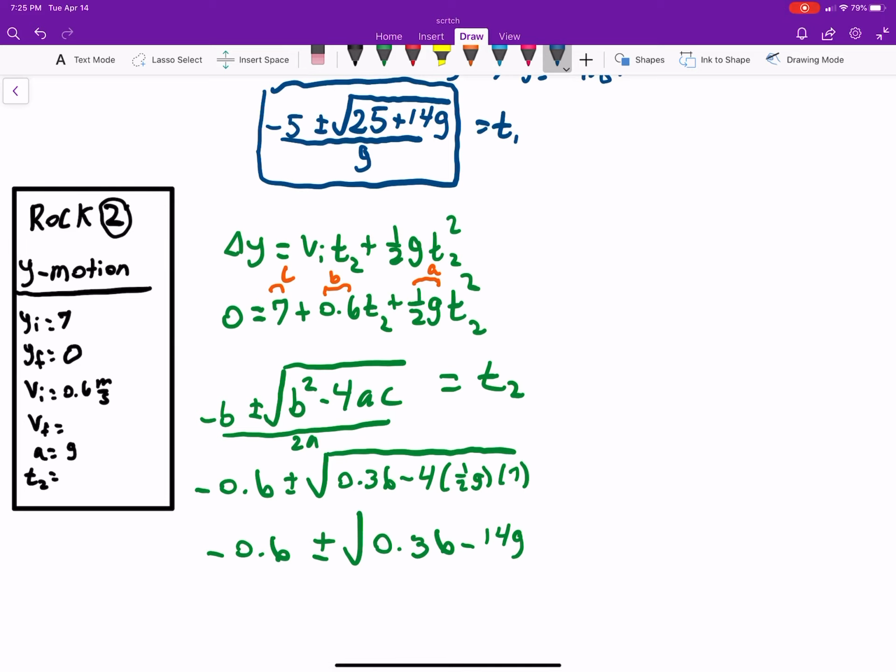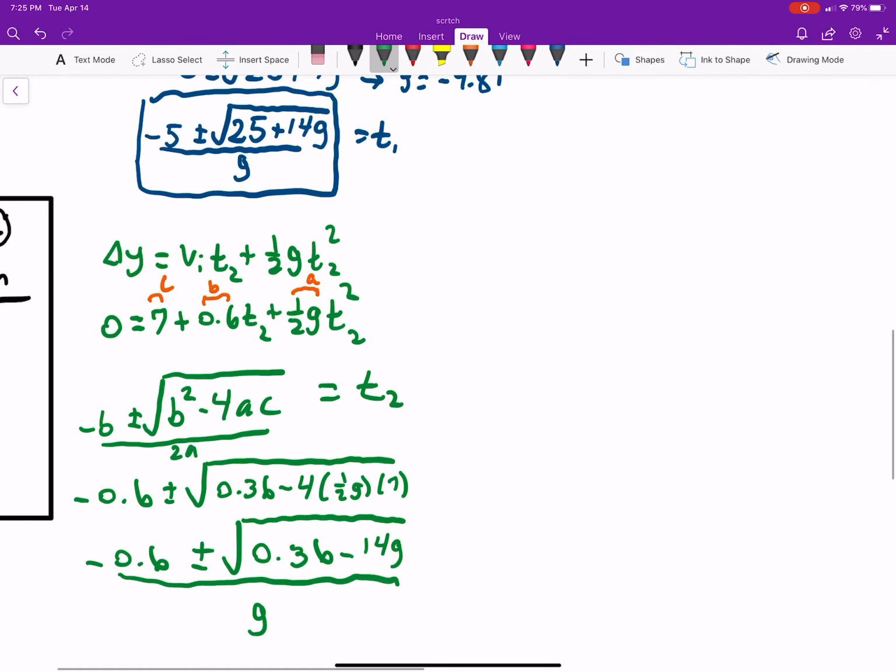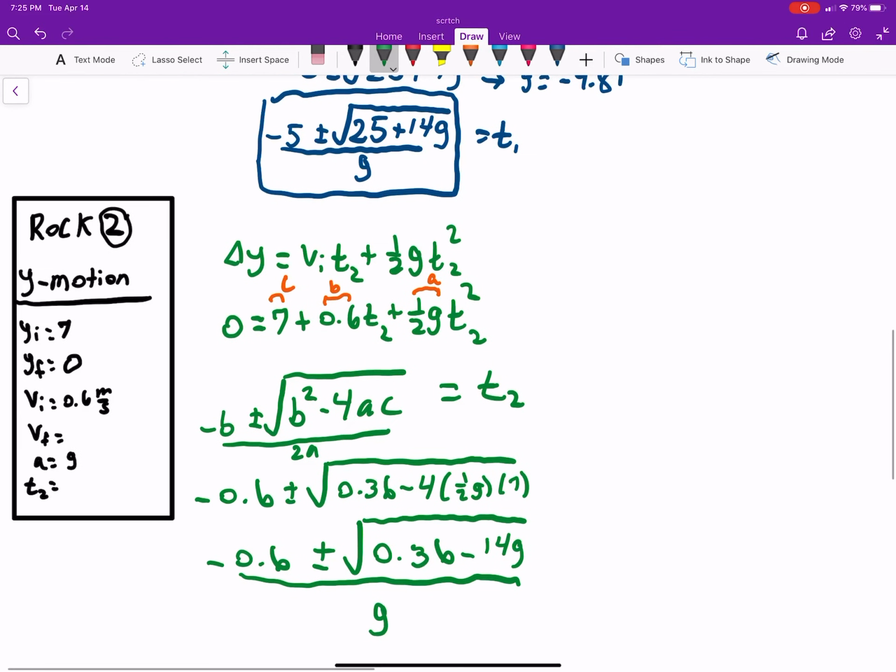Sorry about that. All divided by 2 times 1/2 g. 2 times 1/2 is just 1, and you're left with just g. Again, you know what g is, so all we have to do is plug this stuff in, and you'll get time 2.